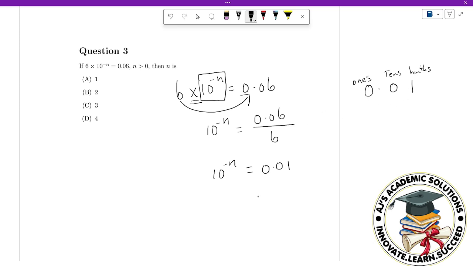So this tells us that it's 10 to the second power. However, notice that it's after the decimal. That's why it would need to be negative 2. So what we have here, we already have the negative by n. So the answer here would need to be B, 2.